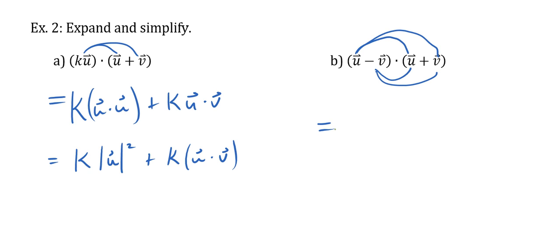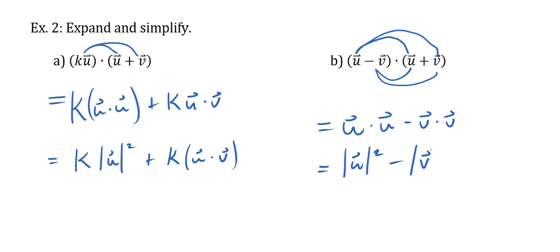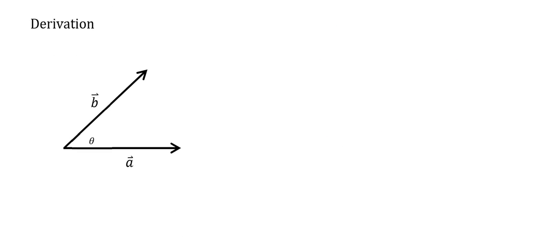So I'm going to get U dot U minus V dot V. The middle terms are going to add to 0. So in this case, I could simplify it very nicely. Any questions about that? Pretty straightforward.